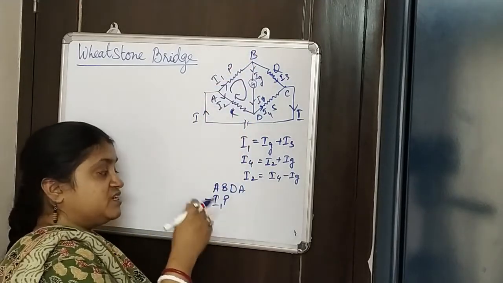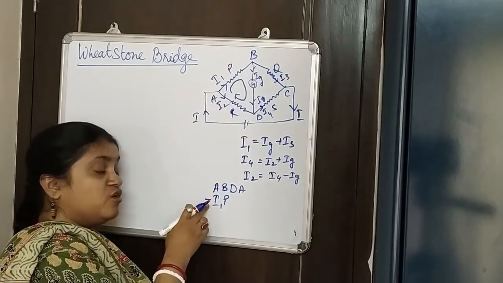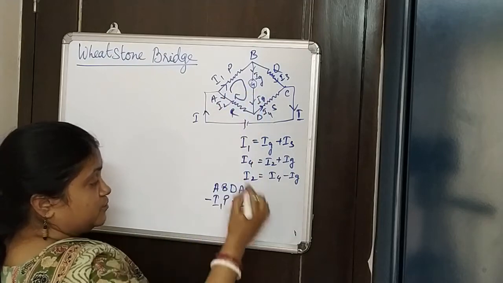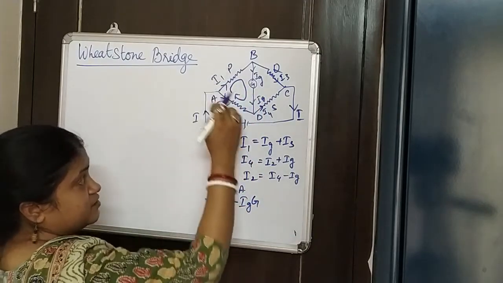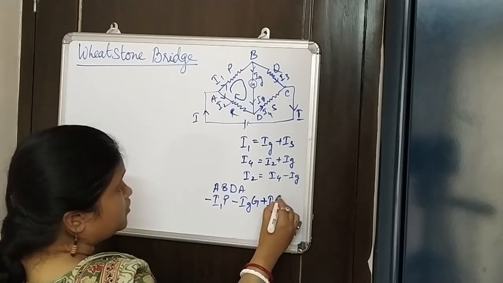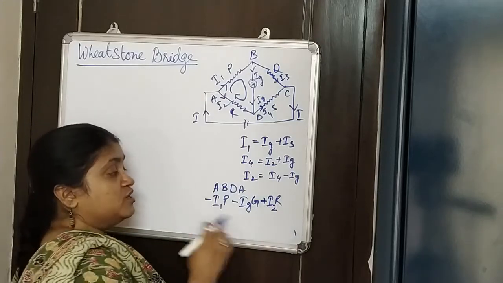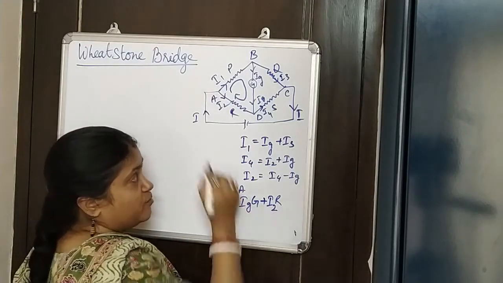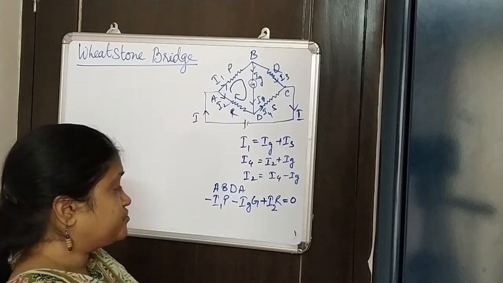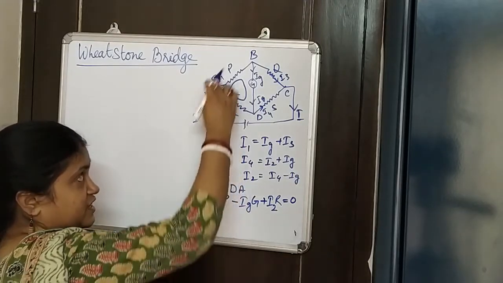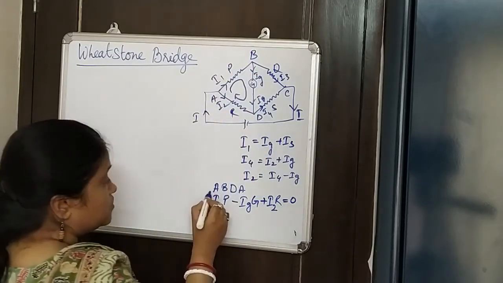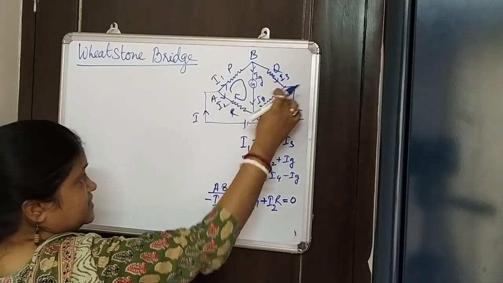As we know, along the current direction the drop is always negative. So this will become minus Ig into G, and in this particular direction, which is opposite, this will be plus I2 into R. So according to Kirchhoff's law, the total voltage drop for this particular loop will be 0. So this is the first equation that we get from this ABDA loop.